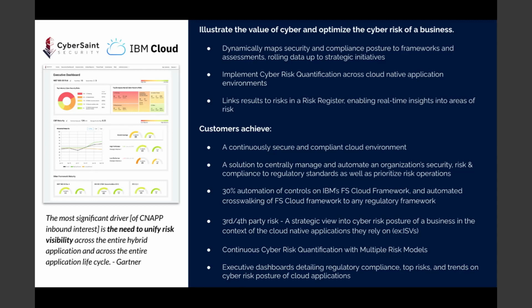So 30% of the controls are being automated by this solution, which is amazing. Third and fourth party risks, so we're pulling in the data on ISVs. We can also benchmark the actual infrastructure as well for the fourth party analysis. And now we're getting continuous risk management with multiple risk models.